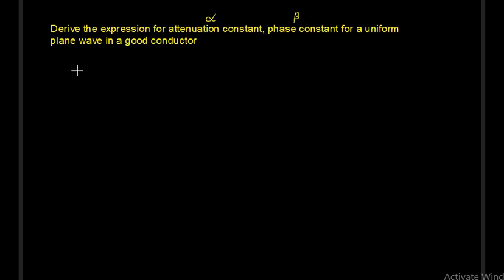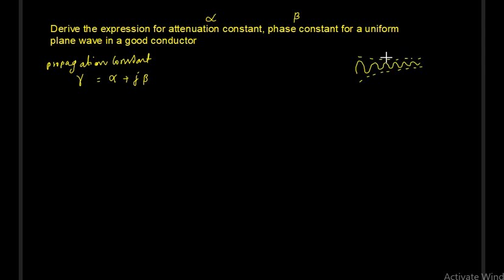We have studied earlier the propagation constant, gamma, which is a complex number. Gamma is alpha plus j beta, because we know that an electromagnetic wave is subjected to amplitude change and phase change. If you look at this figure, we can see that the amplitude diminishes, and also there is a phase difference.